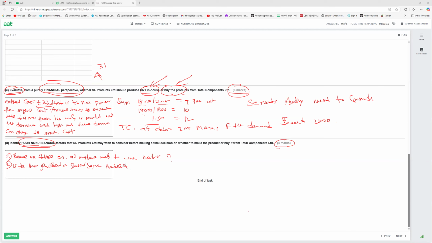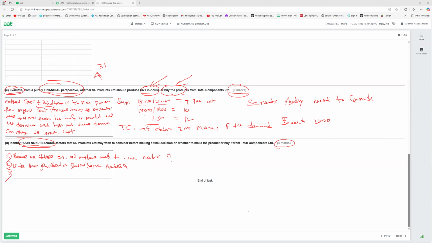Then the next one, they said the machinery has a useful life of 5 years. So we can mention this one. We can say the useful life of the machine is 5 years remaining.